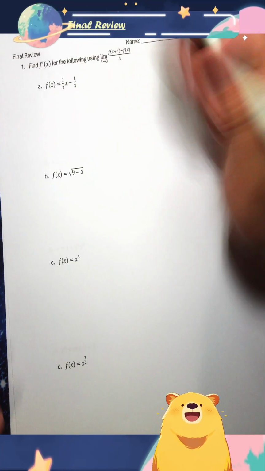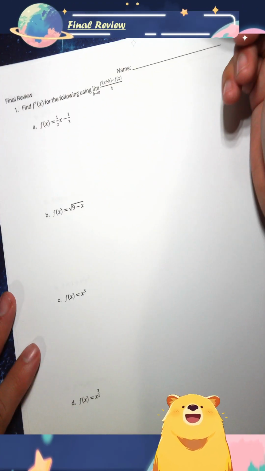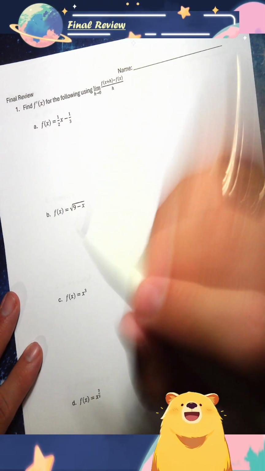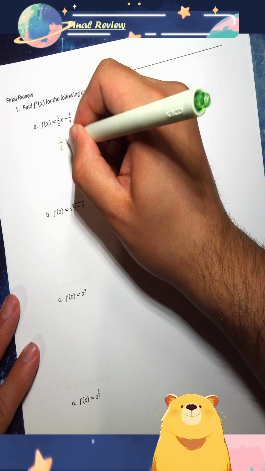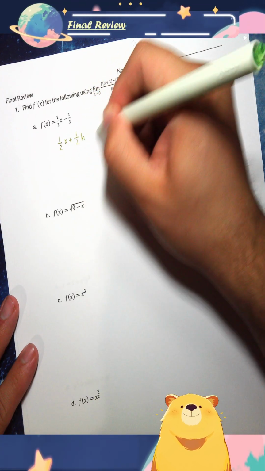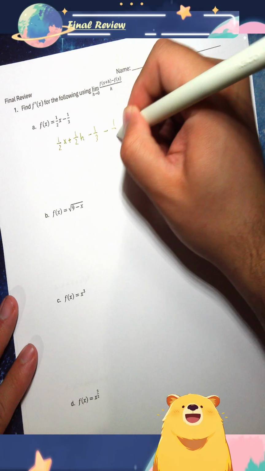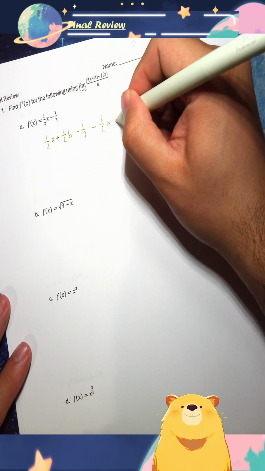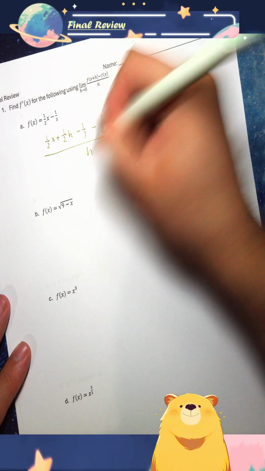First, it says find the derivative for the following using this specific definition of derivative. So let's go ahead and do that. We see here that we're going to do 1/2 of x plus 1/2 of h minus 1/3, and then minus f of x, which is negative 1/2 of x plus 1/3, all over h.